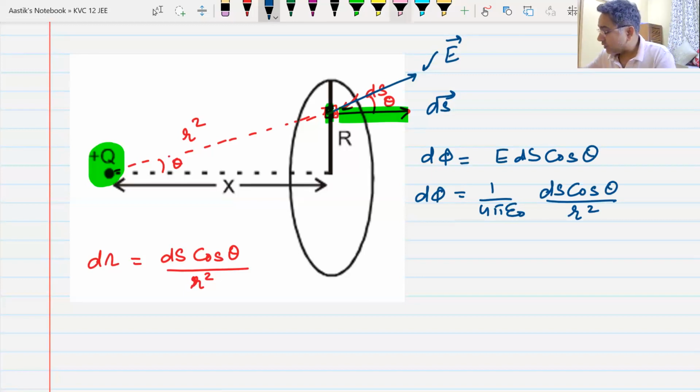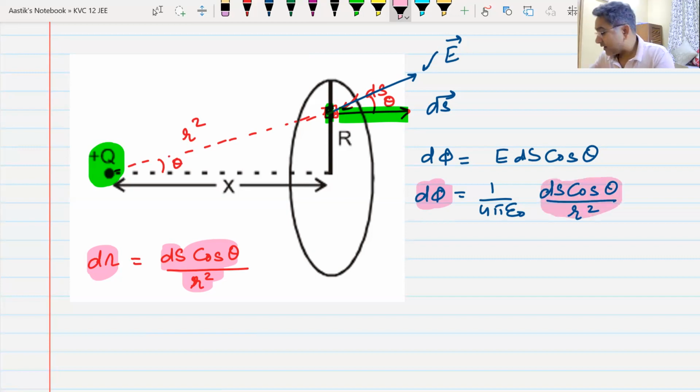Now look at this small flux and at the small solid angle. Finding the flux is the same as finding the solid angle. Yes or no? Yes, sir. Because this entire term appears here.